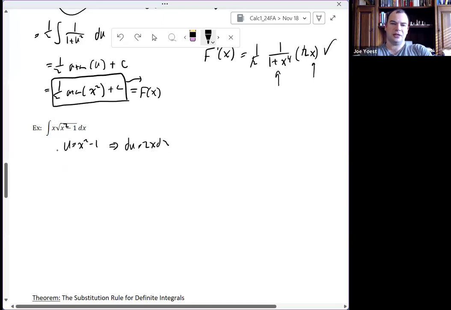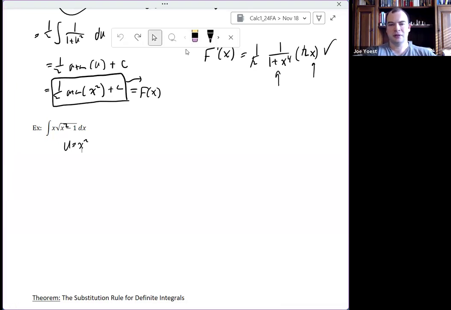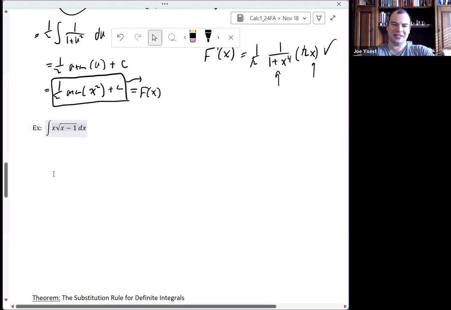But the difficulty is that I don't have square root of x squared minus 1. I wish there was like a button that you could just undo like the last 10 steps, but I don't have square root of x squared minus 1. I just have square root of x minus 1. Well, it's still the square root that's making things difficult, right?